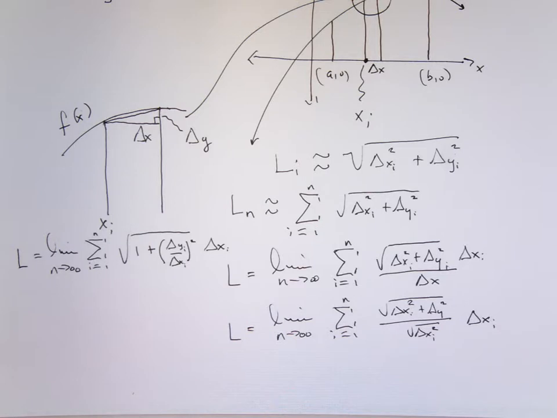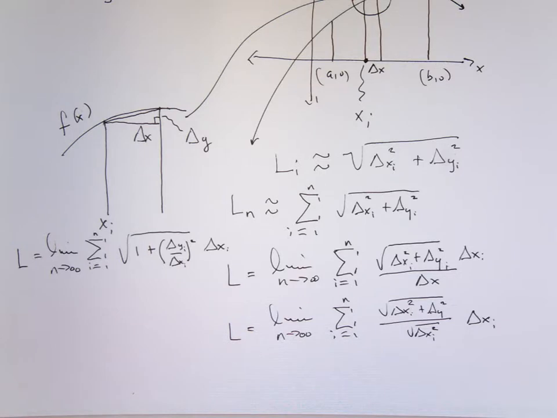So here's my question to you again. I want to know the limit of delta y over delta x as delta x goes to 0. What is that limit equal to? Thank you. Yes. That's the definition of the derivative. It's the slope of the tangent line, but the derivative is the answer.